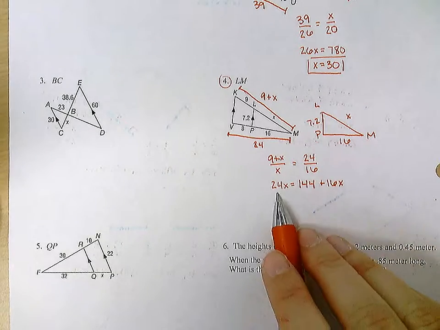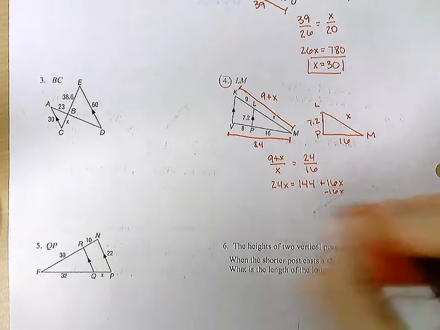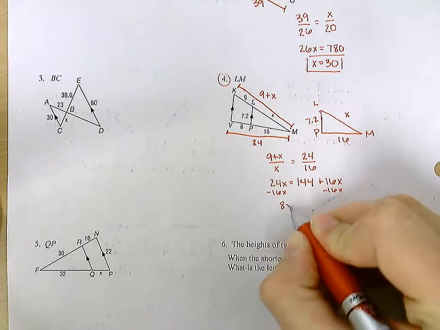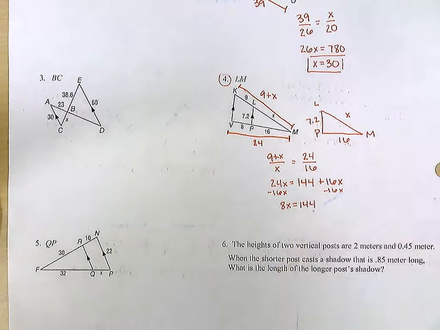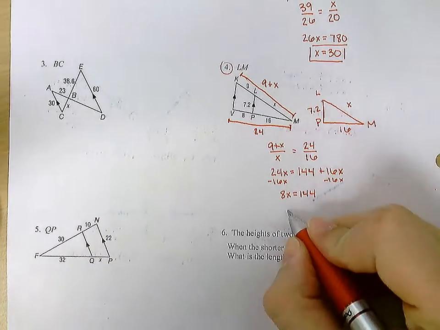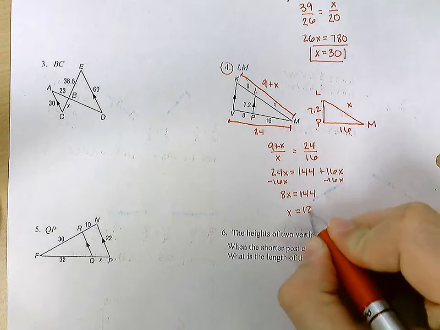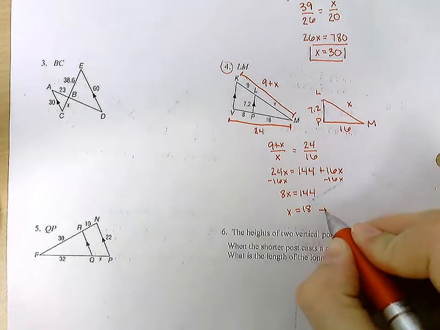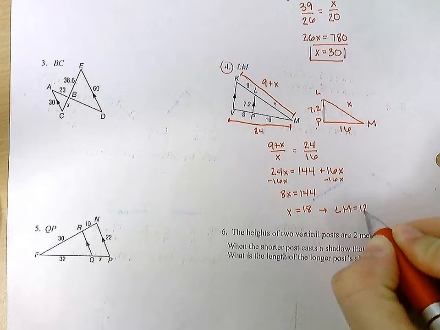From here, I'm going to subtract 16x from both sides to get 8x is equal to 144. Divide by 8. And x is equal to 18. So LM equals 18.